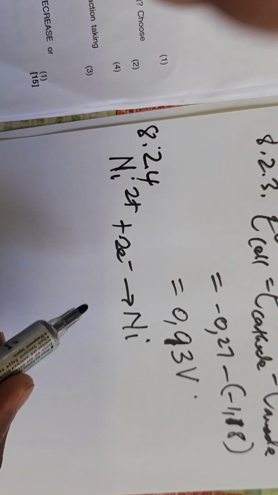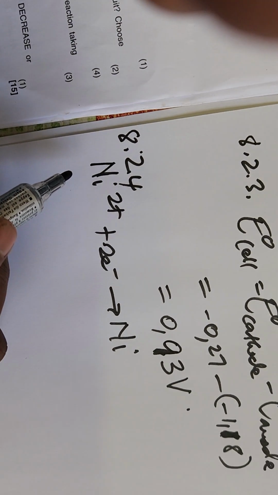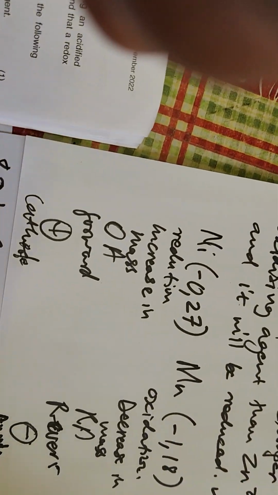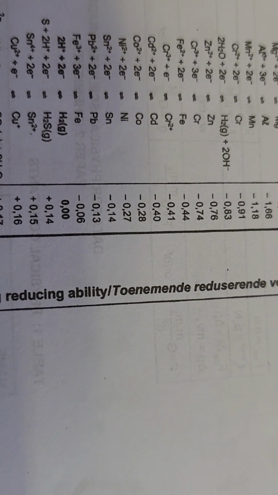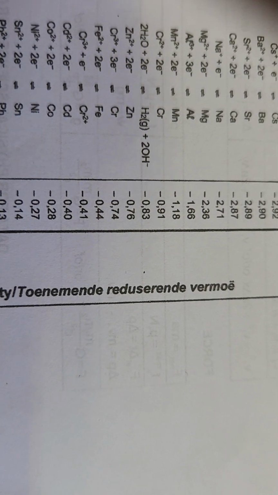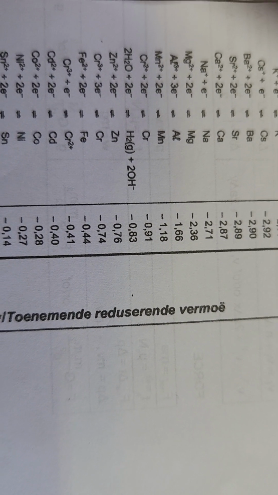And then we also put the one of Mn from the table. If you go to the table and see where Mn is, you can see Mn 2 plus plus 2 electrons will form Mn, but we are writing the reverse direction.